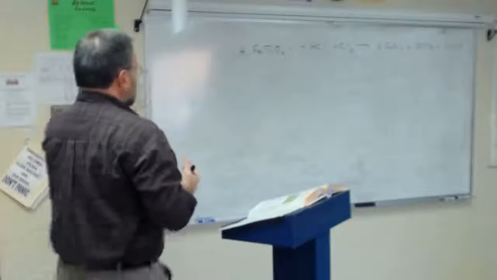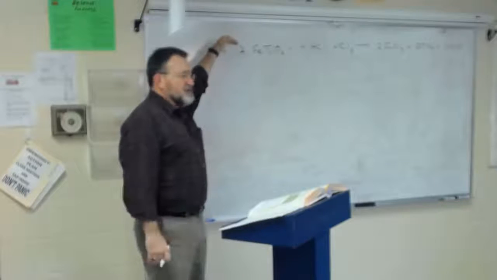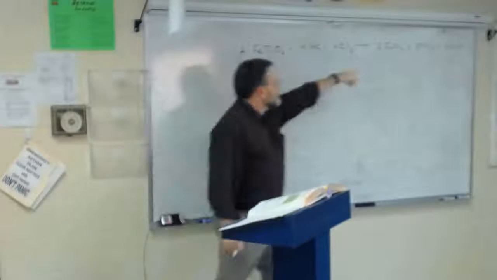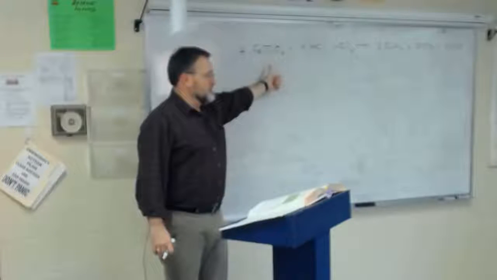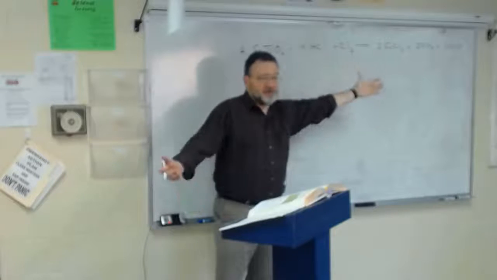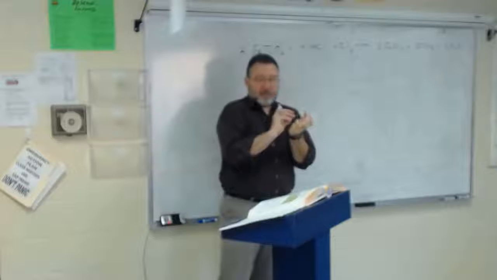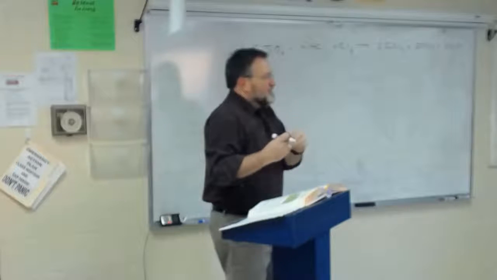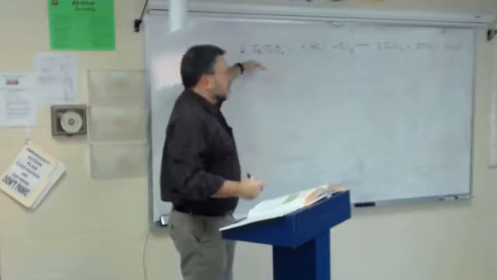Right. Now, given that this is a balanced reaction equation, this is our perfect recipe for the production of these products given these reactants. And it's from this balanced reaction equation that we come up with our statements of equality. In other words, how are they related to each other proportionally? Remember I said that the equal sign doesn't literally mean they're the same thing, but it means that they're related in these proportions.